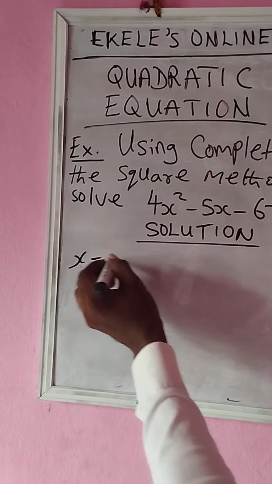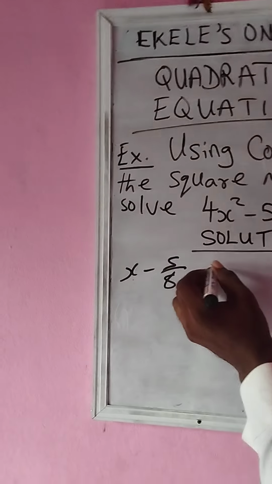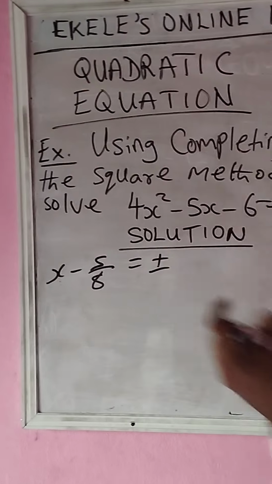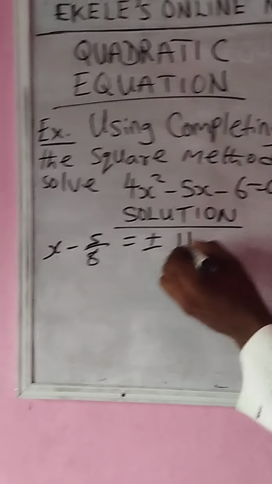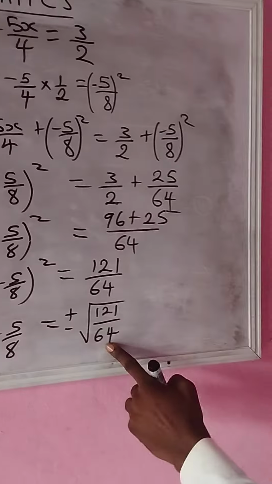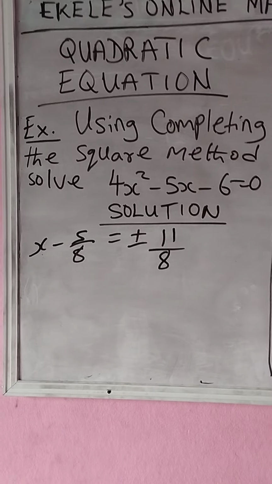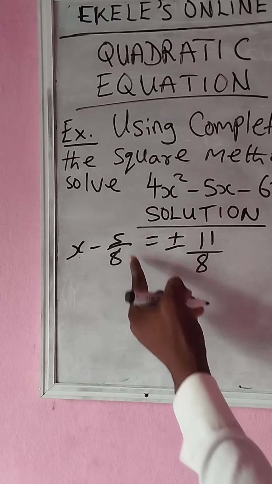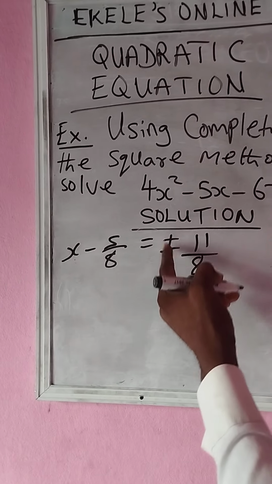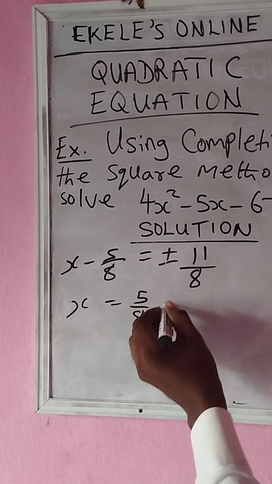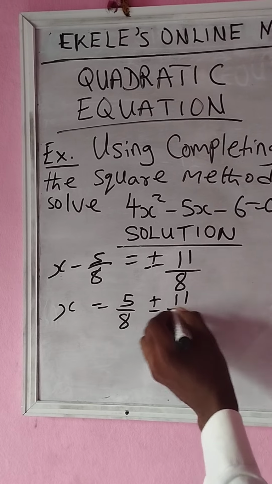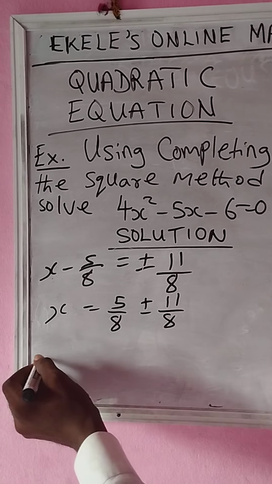So I have x minus 5 over 8 equal to plus or minus the square root of 121 over 64. The square root of 121 is 11. The square root of 64 is what? It is 8. So I will collect like terms. Minus 5 over 8 crosses to the right hand side. I have x equal to 5 over 8 plus or minus 11 over 8.